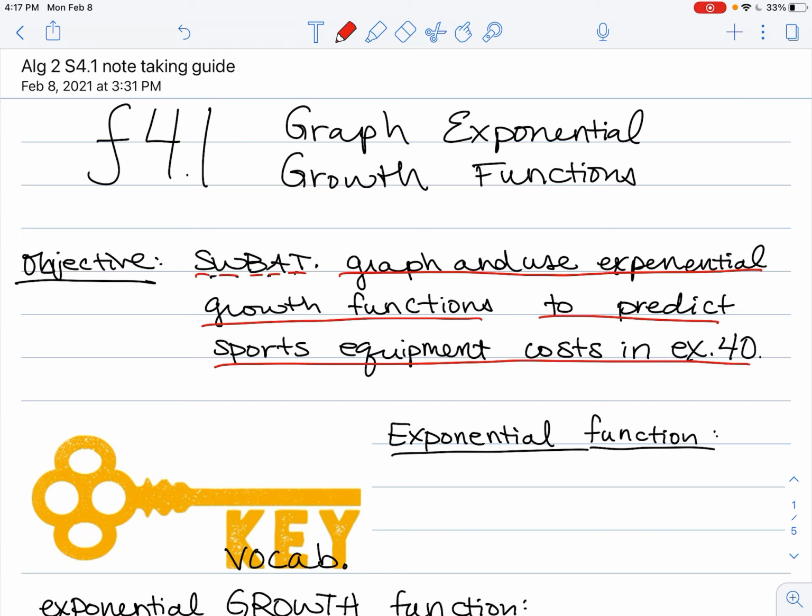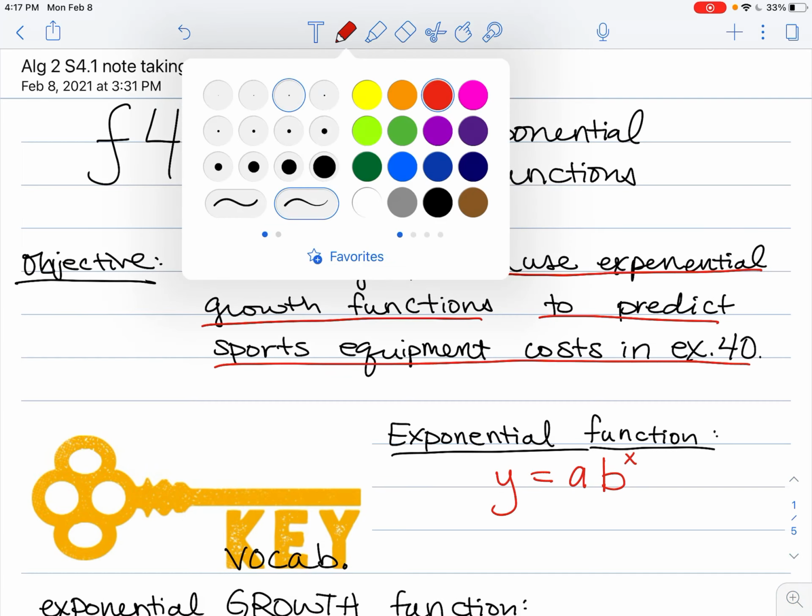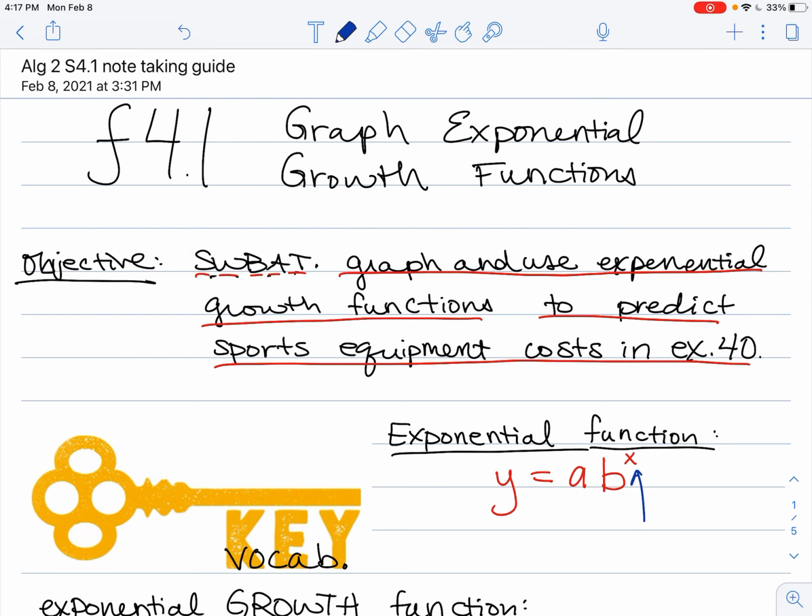So the first thing you need to know is what's an exponential function? An exponential function is a function of the form y equals a times b to the x power. The reason we call it an exponential function is because the variable is in the exponent.